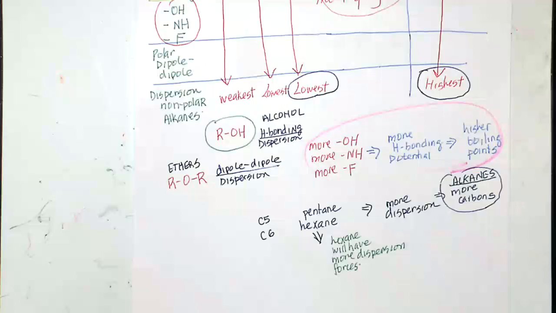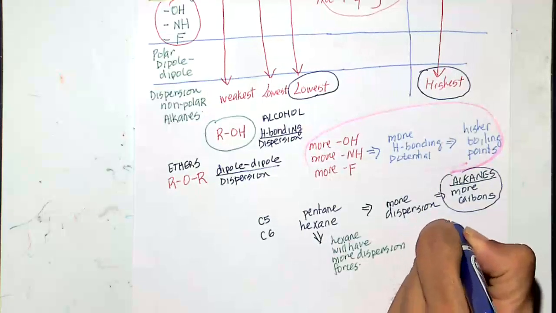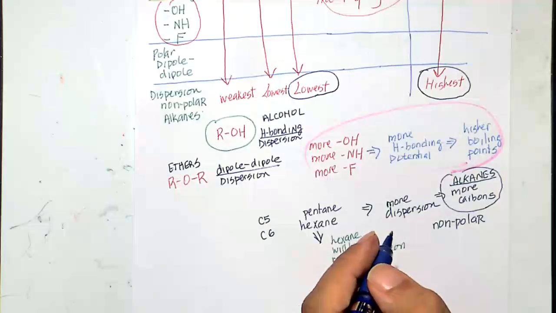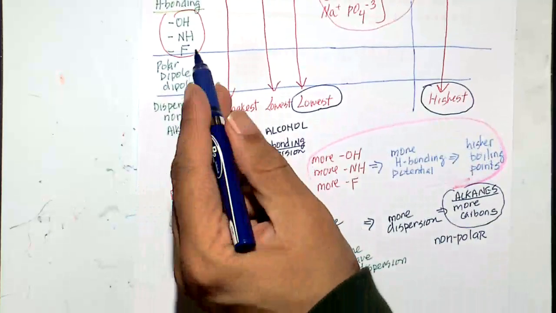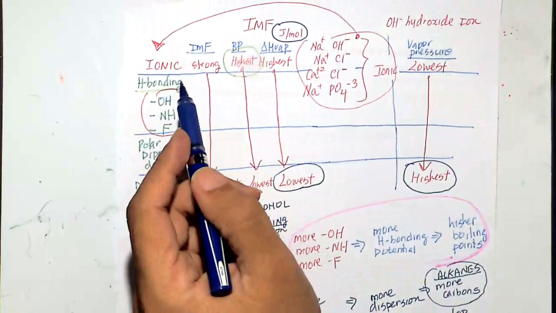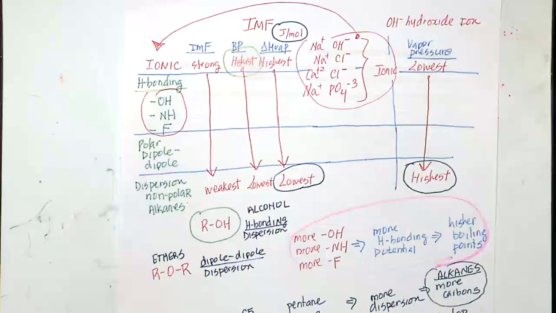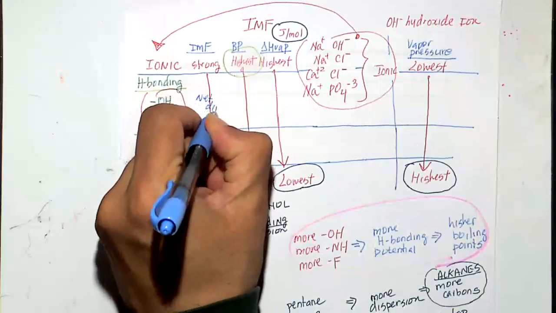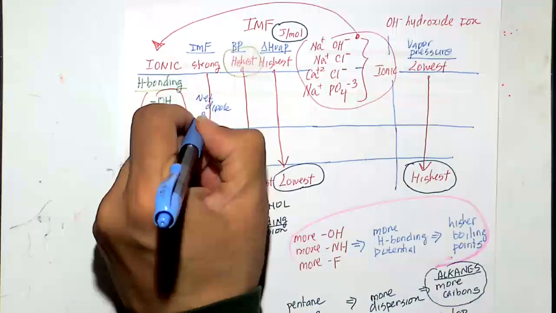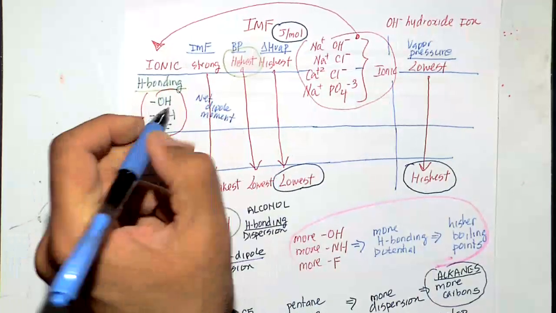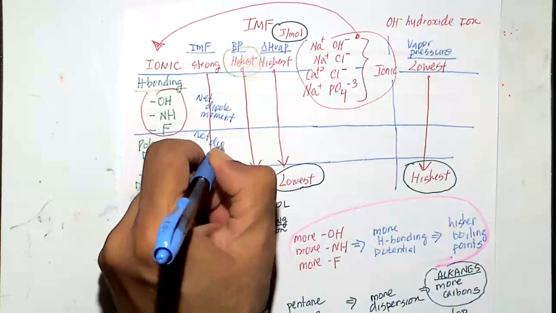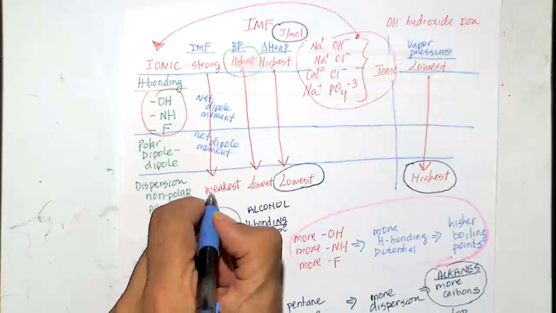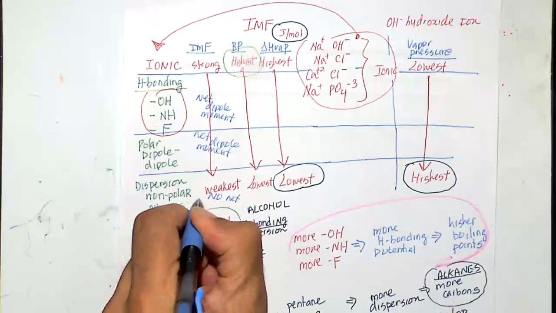The driving intermolecular force with the most dispersion will be the alkanes and nonpolar molecules. Nonpolar molecules have no net dipole moment. These polar molecules, as well as hydrogen bonding ones, have a net dipole moment, which means partial positive or partial negative. Okay, this has no net dipole moment.